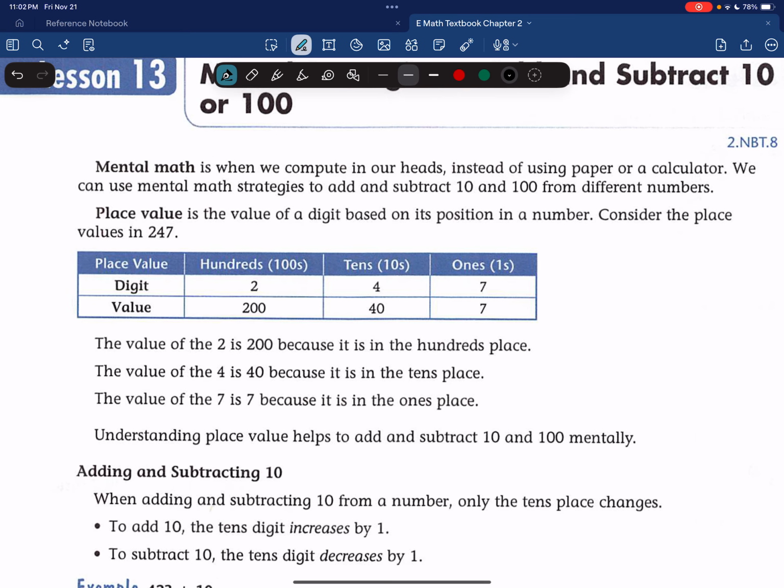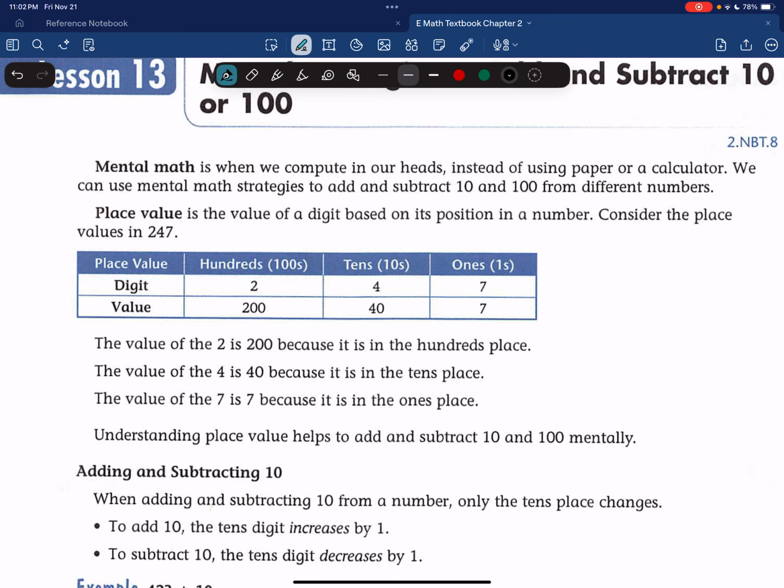Mental math is when we compute in our heads instead of using paper or a calculator. We can use mental math strategies to add and subtract 10 and 100 from different numbers. Place value is the value of a digit based on its position in a number.